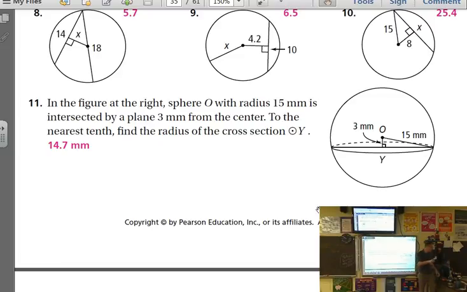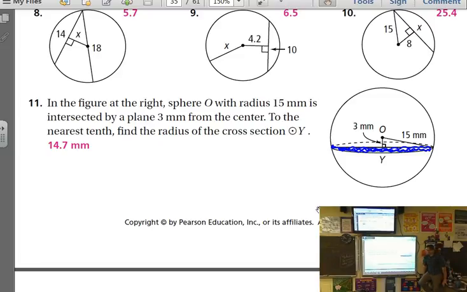I had to talk through this with somebody. So imagine a ball that had a disc in the middle of it that's not quite as big as the ball. So that disc can't span the center. It drops down just a tiny bit. No matter what we do, it's not in the very middle. So imagine this disc is almost the size of the circle, but it's 3 millimeters dropped down from the center.